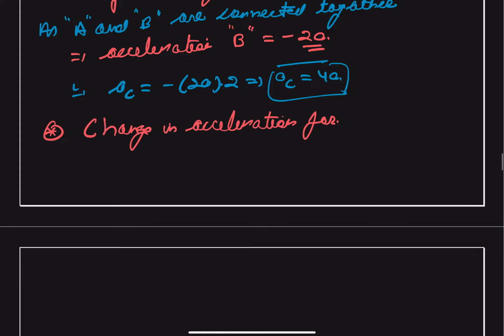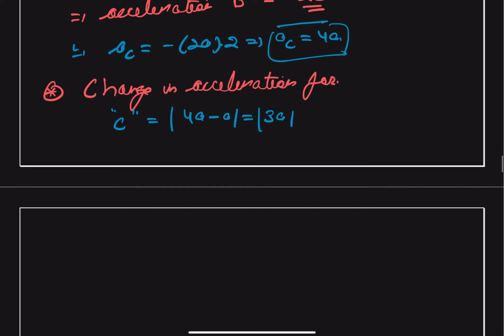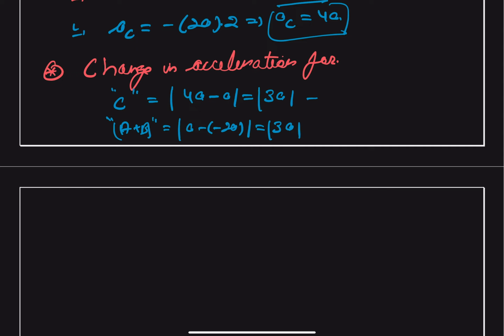For C we can write this as 4A minus A, which comes as 3A, and for A plus B, as they are moving together, this will be A minus minus 2A, and this will also be equal to 3A. So let us call this 1 and this 2.